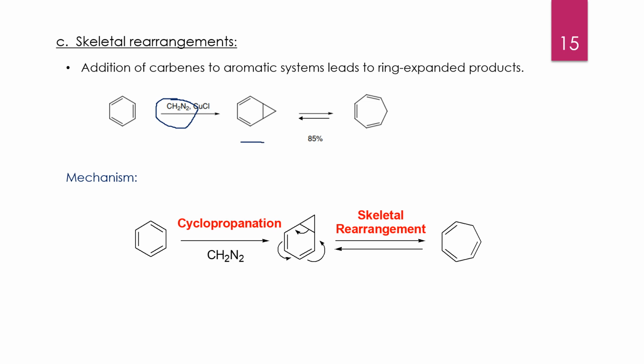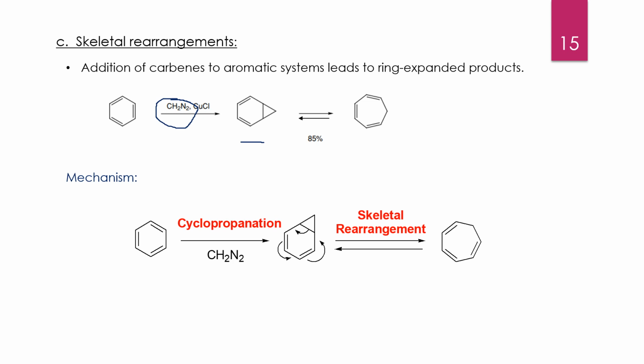We can see this compound is not that stable, because there is a 6-member ring with a fused 3-member ring. So it will be in equilibrium with this type of compound. What is happening here? Cyclopropanation is happening in the same way as the previous double bond cyclopropanation. Then a skeletal rearrangement happens, where the double bond is shifted, giving us this cycloheptatriene kind of moiety.